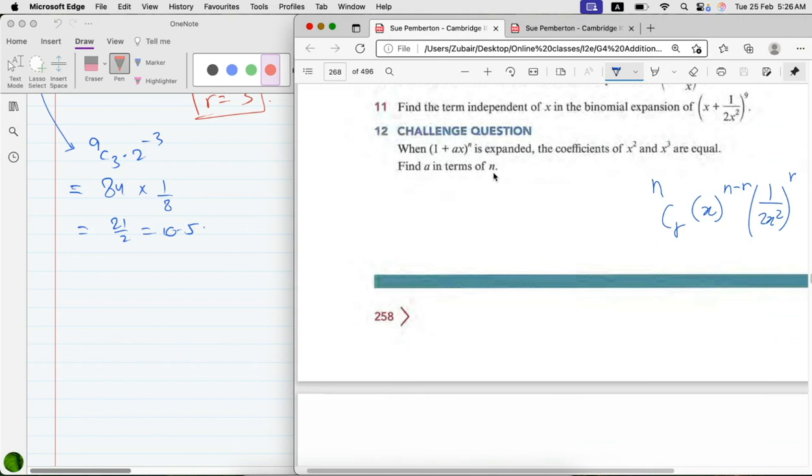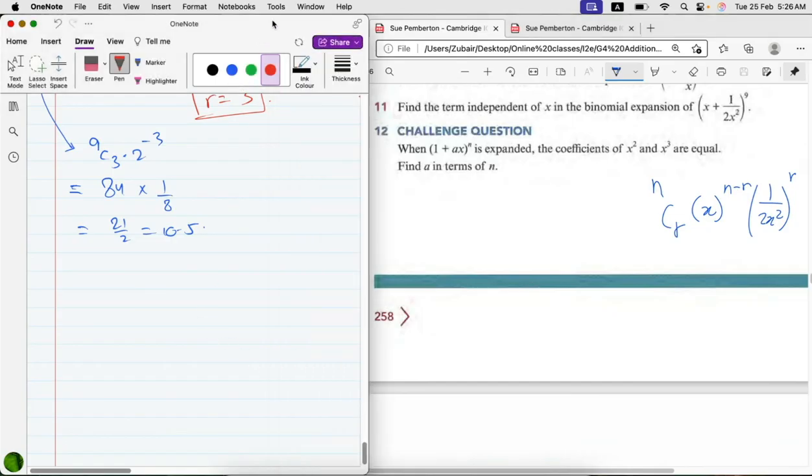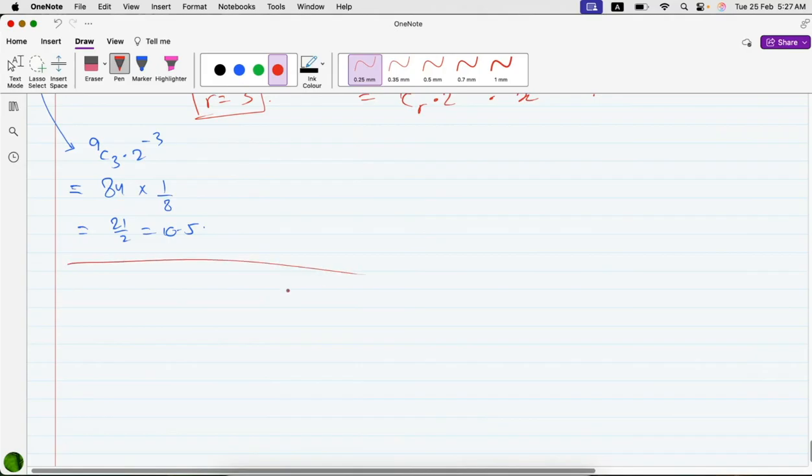Now there's a formula for how we can write C, which is how the calculator is handling this part. NCR, the expansion is n factorial divided by r factorial into n minus r factorial.